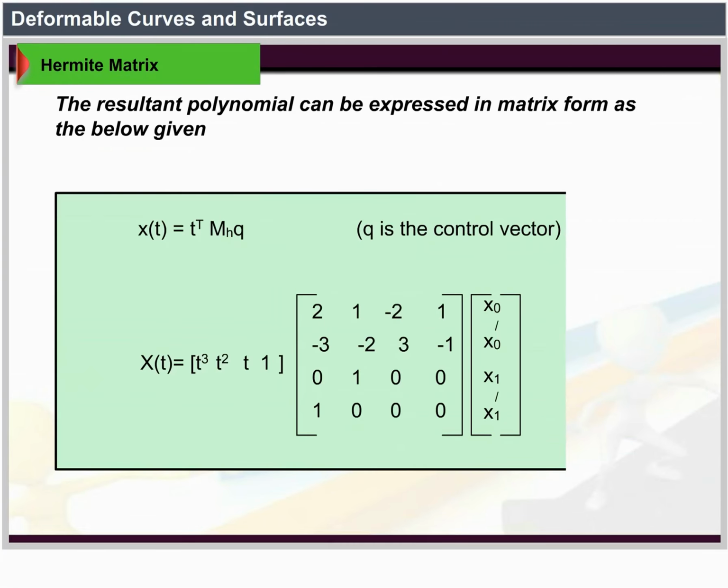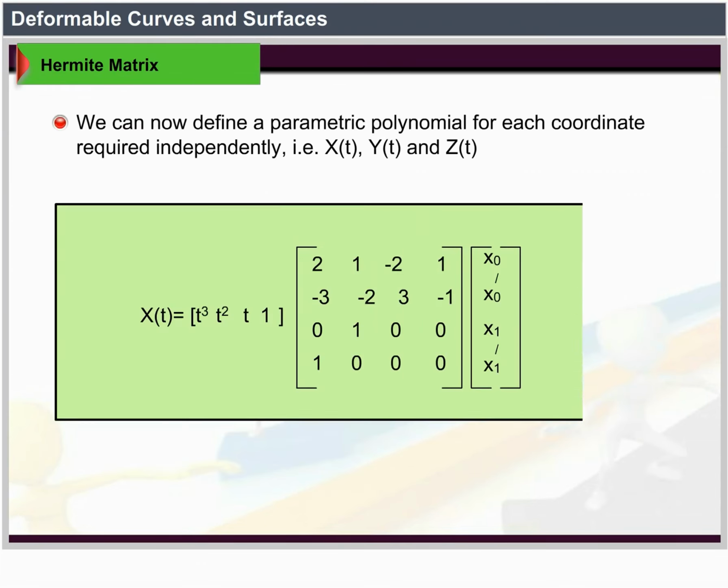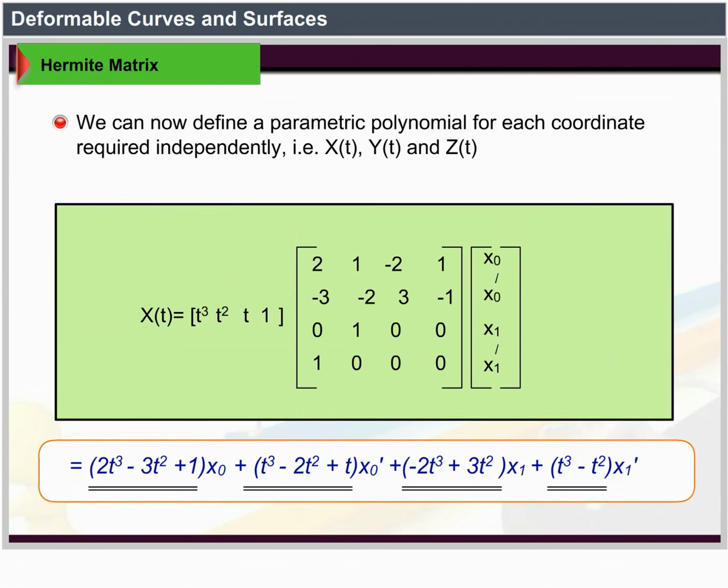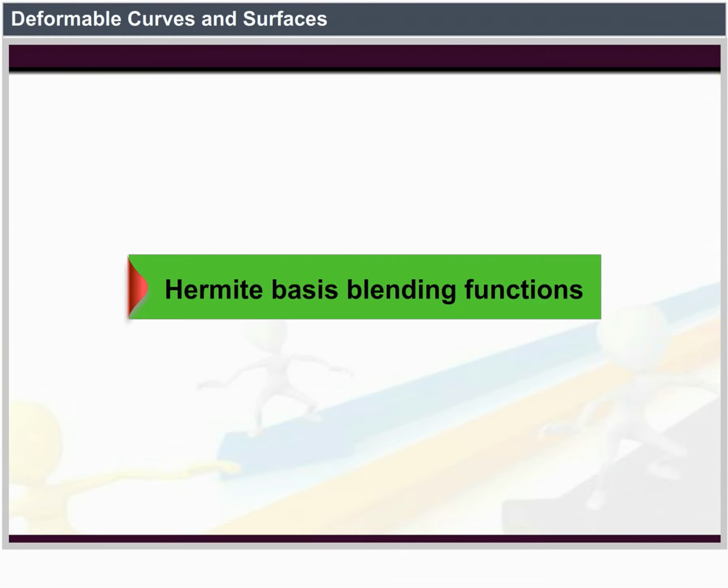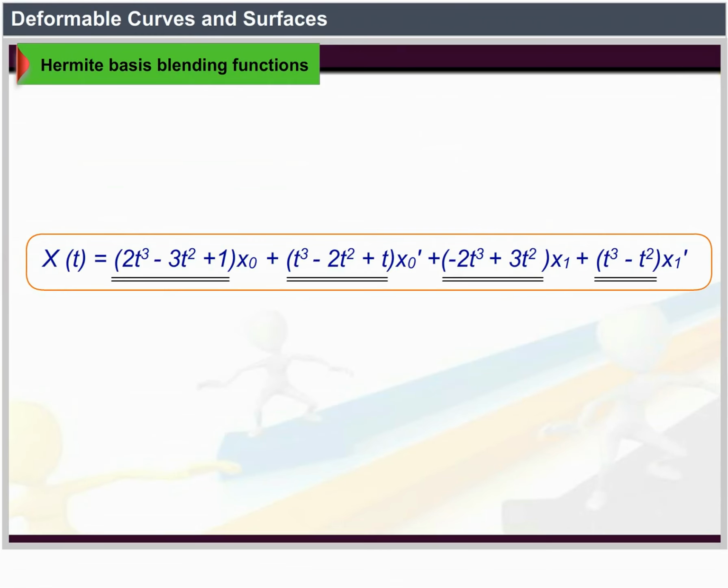The resultant polynomial can be expressed in matrix form, as shown below. We can now define a parametric polynomial for each coordinate independently, that is, x of t, y of t, and z of t. The resulting matrix and the Hermite basis blending functions are now seen on the screen.